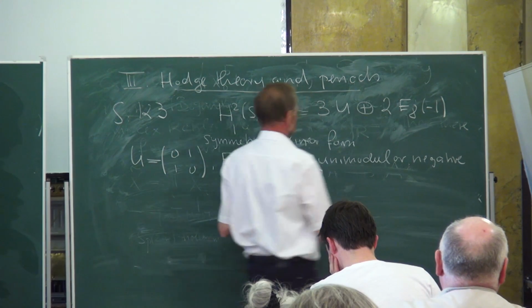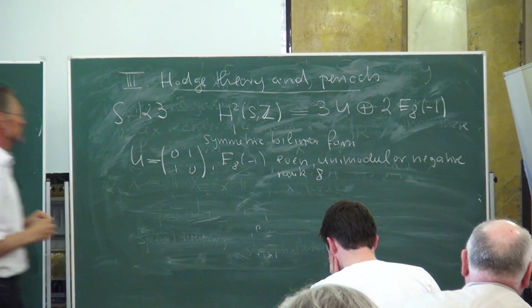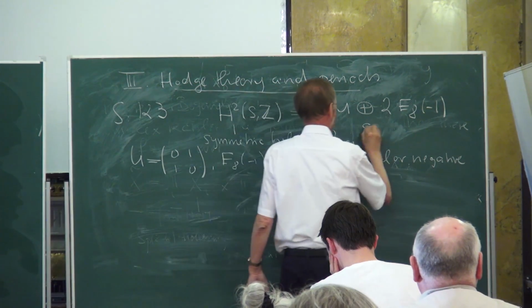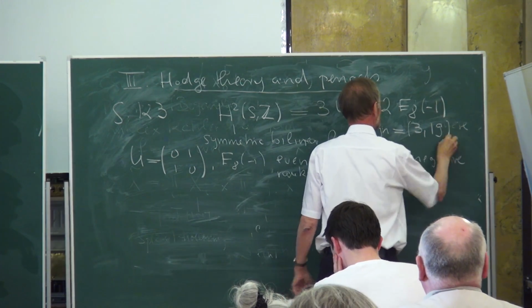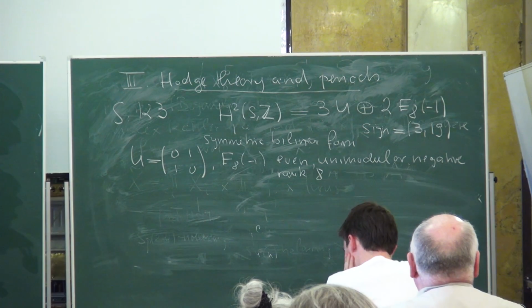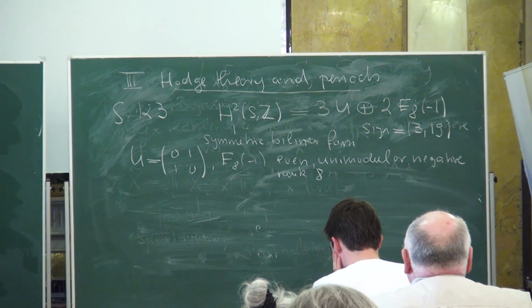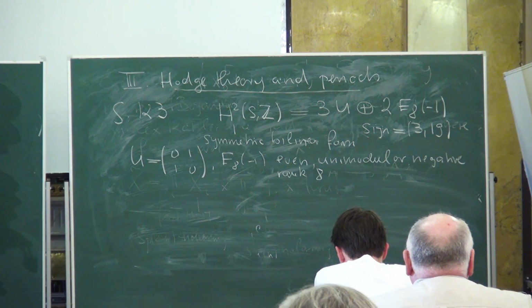And that determines this completely. So I get something of rank 22, and the signature here is (3,19), so 3 positive and 19 negative eigenvalues. That is clear from the description I just gave you. So there is this discrete structure.